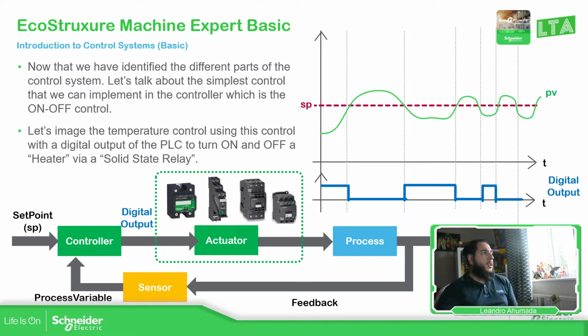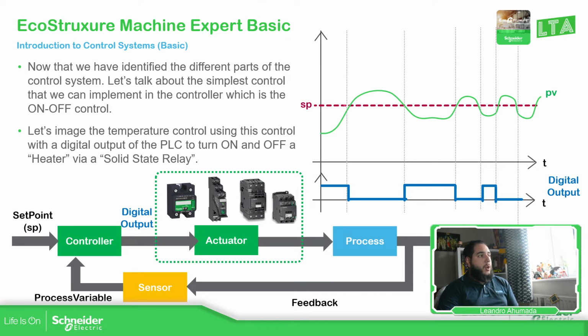As you can see over here, this basic on-off control depends on the value of the set point and the process variable, and it will activate the output. Imagine that you are controlling the temperature.